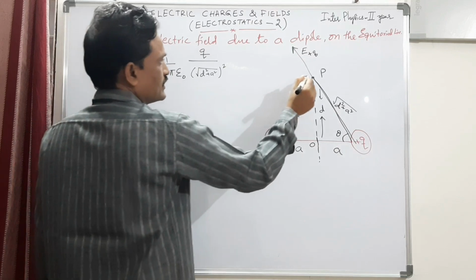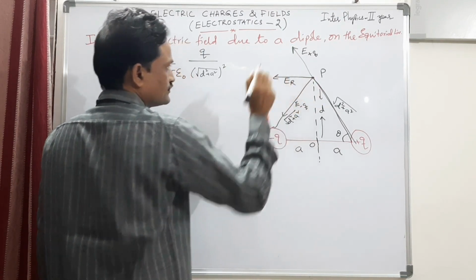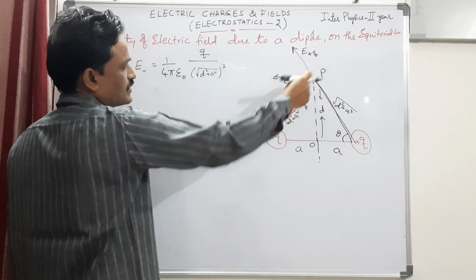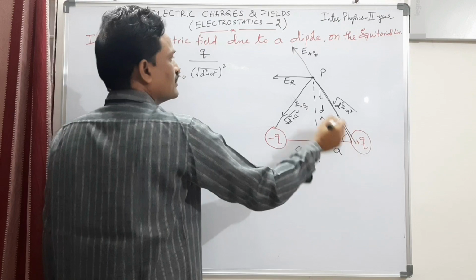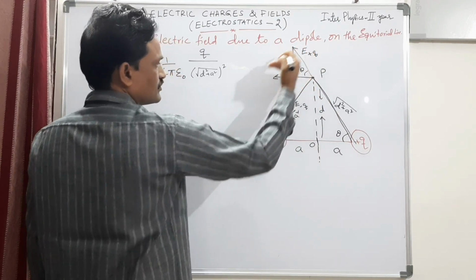So what is the resultant? Resultant is in this direction. This is the E resultant. If this is E plus Q, or simply if you say E plus and E minus, the angle will be the same here. So the horizontal component you have to consider.